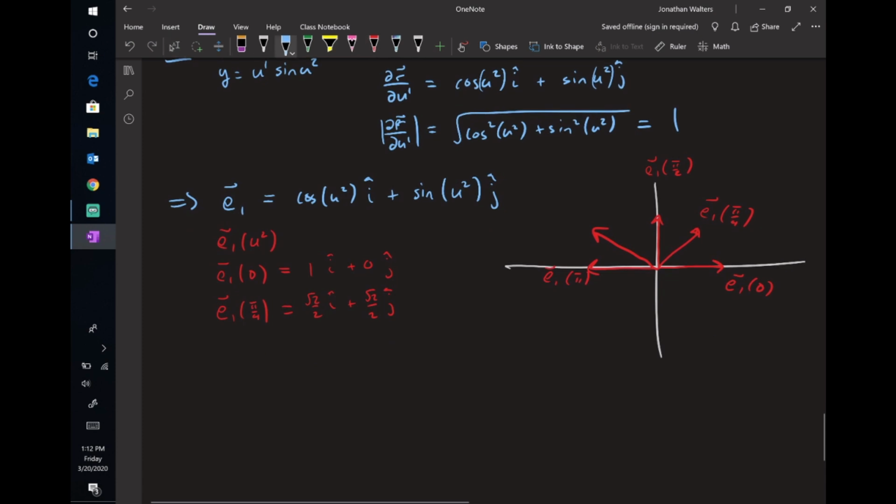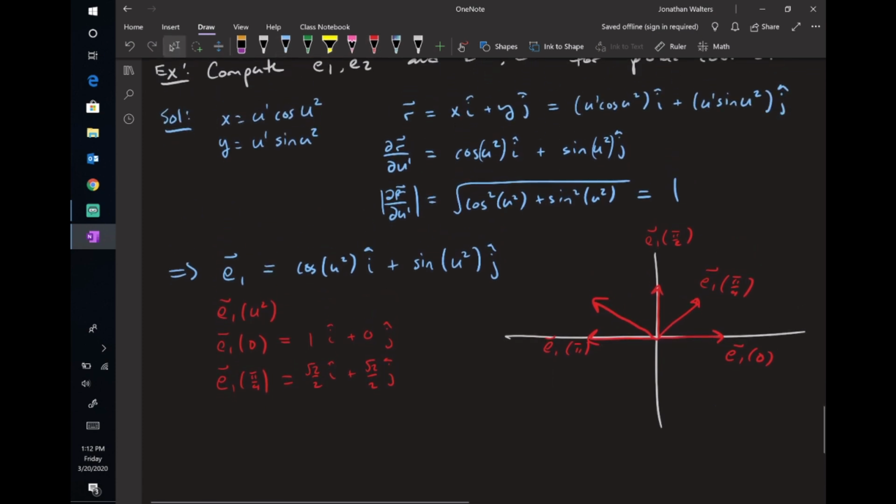So let's go back up here, take our position vector and differentiate it with respect to U2.